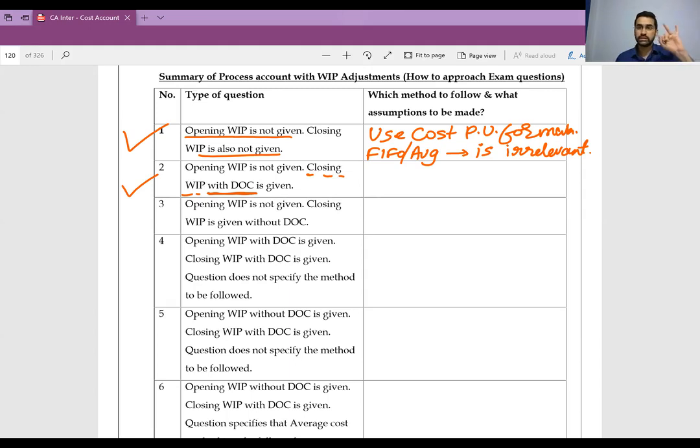You should do step 1, step 2, step 3. Start writing step 1, step 2, step 3. Again, FIFO slash average is irrelevant.